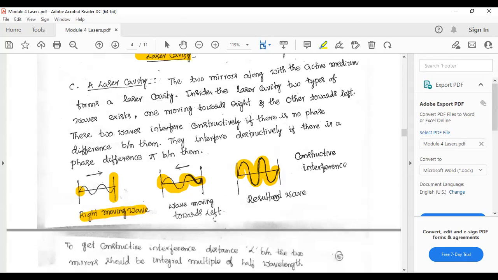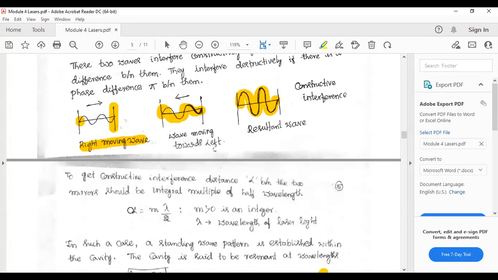Otherwise I may get destructive interference and you may not see a laser. What will happen with destructive interference? The crest of one photon will fall on the trough of the other photon, and that will nullify the intensity, right? That should not happen. In that way, I have to design the length L of the laser cavity, so that the crest of one light ray falls on the crest of the other light ray.